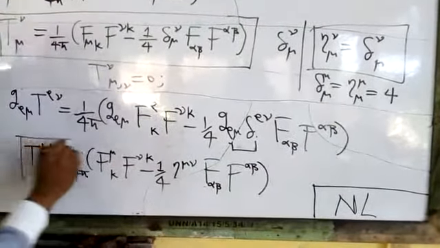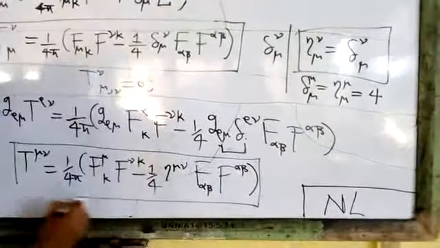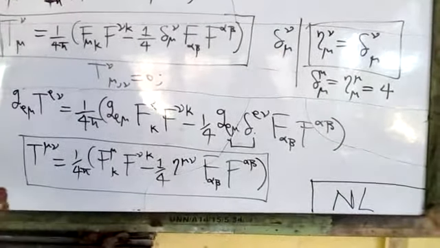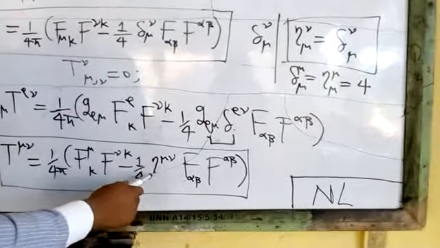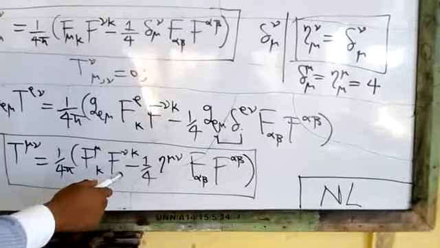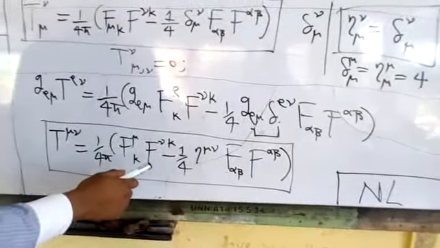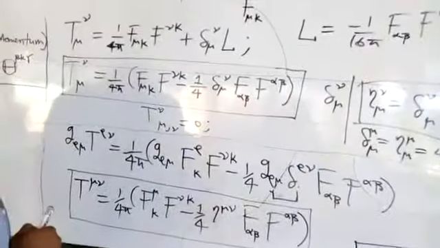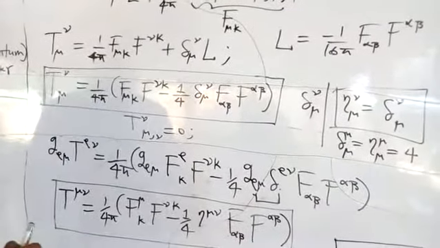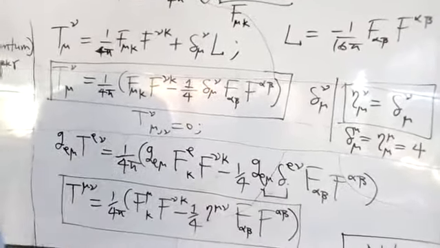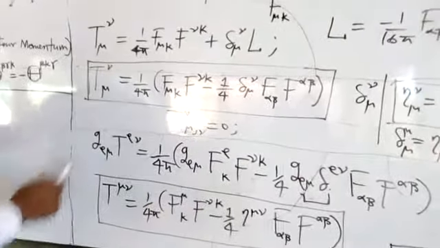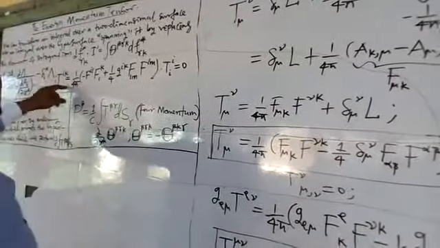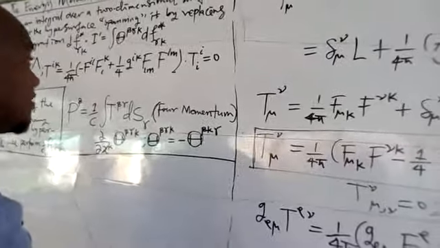So this, again, is another expression. And this you can find especially in Fritz Rohrlich's textbook on the theory of charged particles. So again, this is just another way of writing this same energy momentum tensor. And these two are completely equivalent, or the same. And of course, this is the form you find in the Landau and Lifshitz textbook.